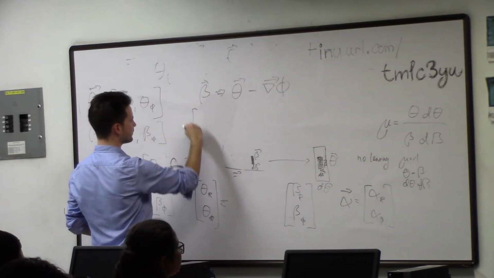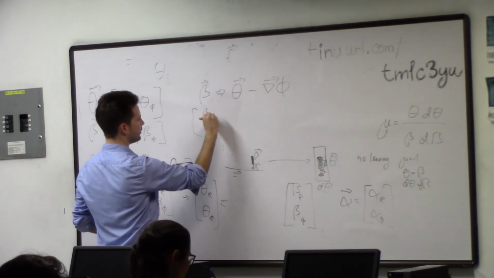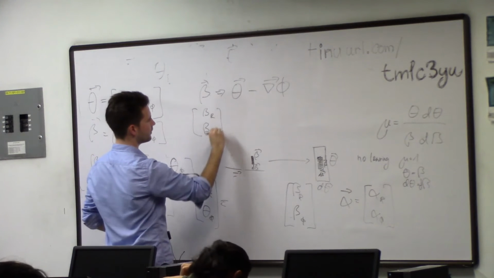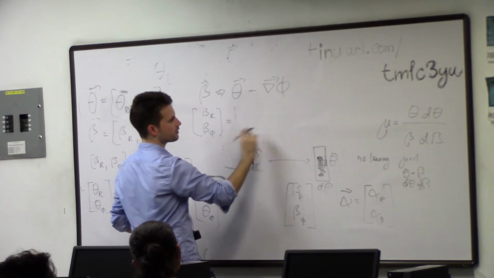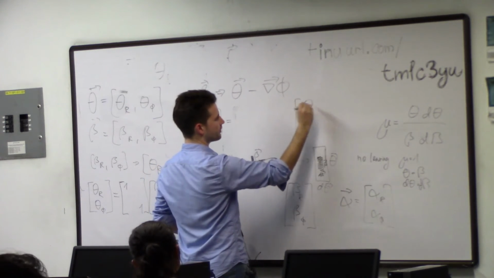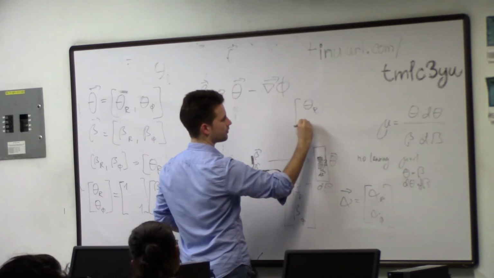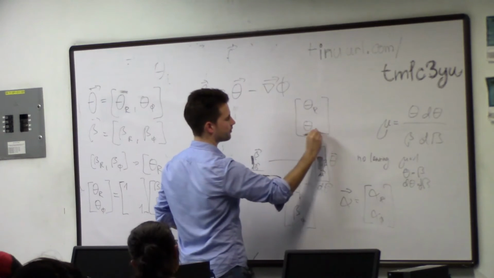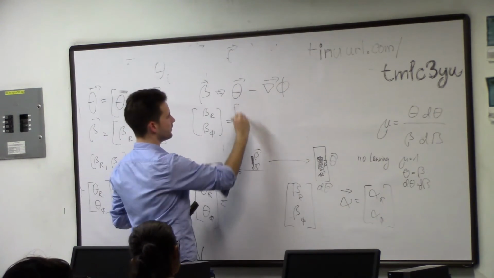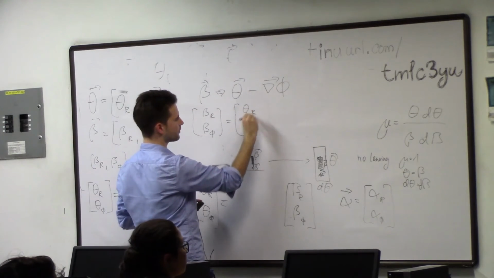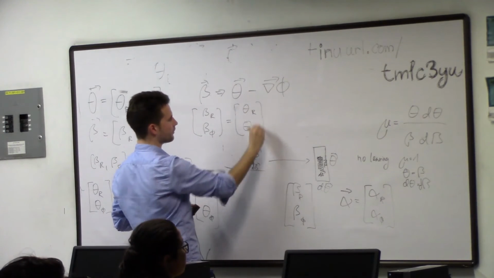If you would reverse this, beta r, beta theta will again depend on your theta r, theta phi.